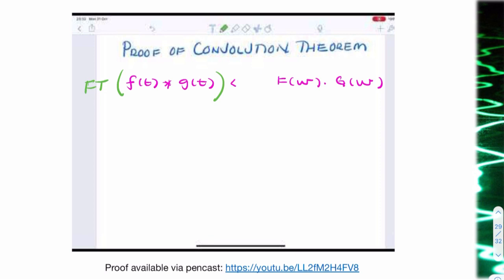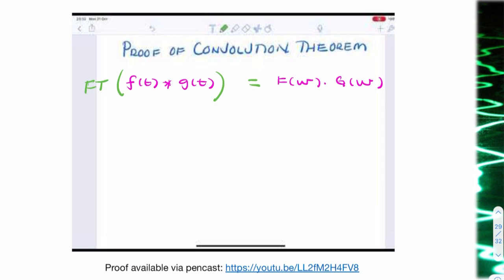That allows me to say that it's equal, because in order to say something is equal, it has to be in the same domain. So here we have frequency, here we have frequency, and because we have Fourier transform, here we have frequency too. So what I'm trying to prove is this.